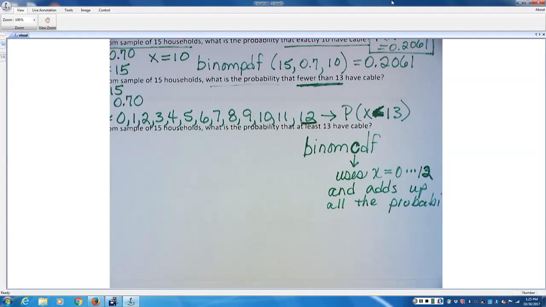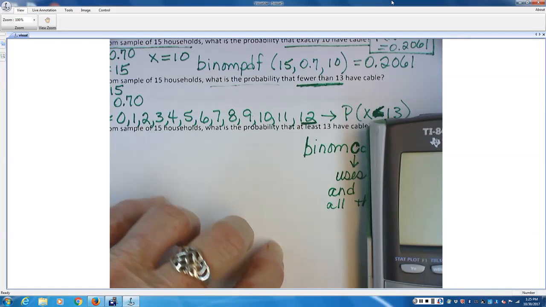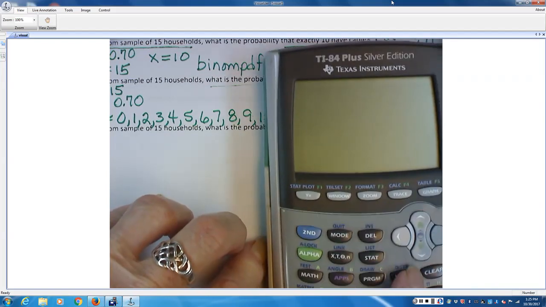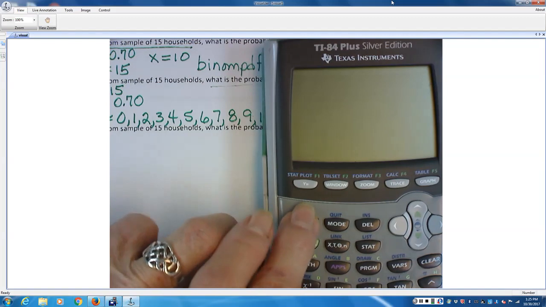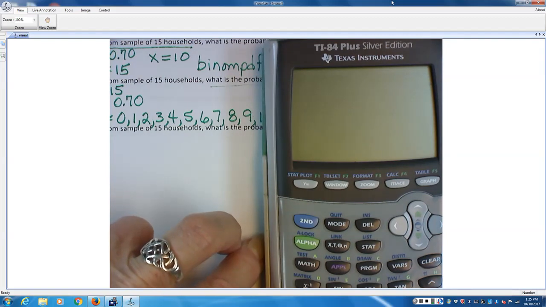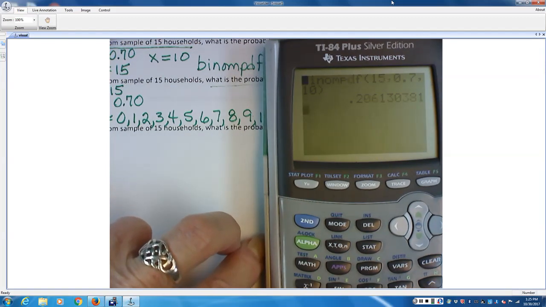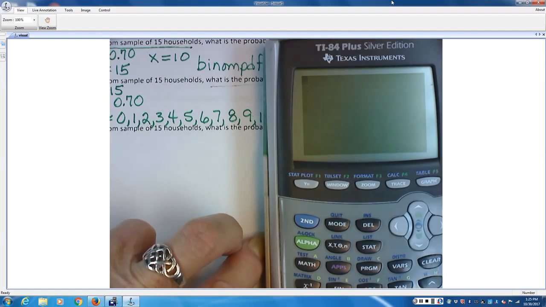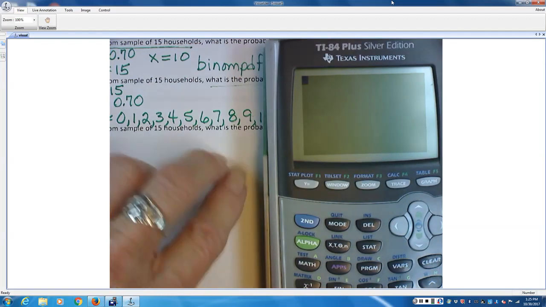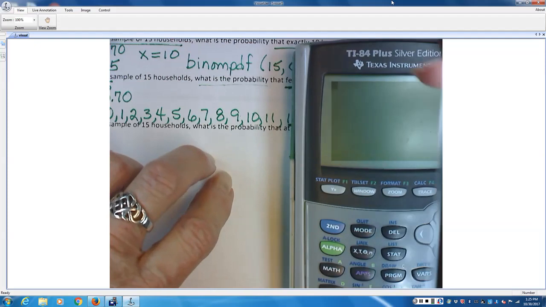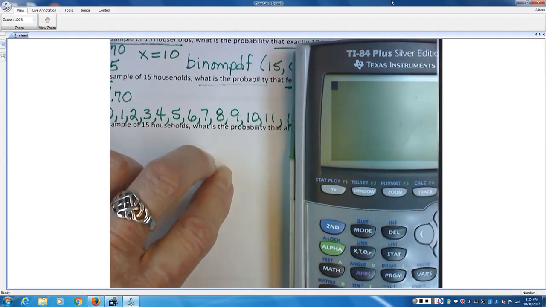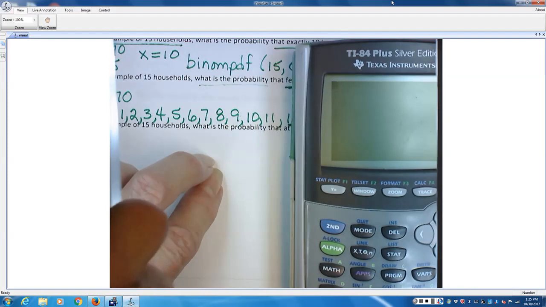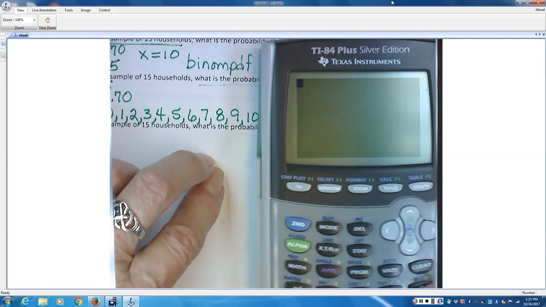Now I'm going to have you do this. We're going to go second. Oops, we're going to turn it back on. What's the difference?